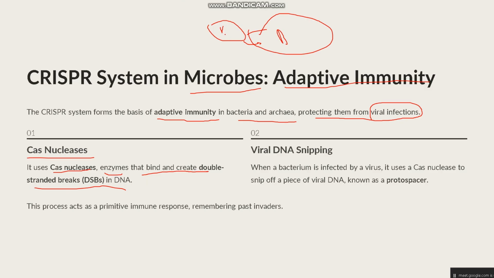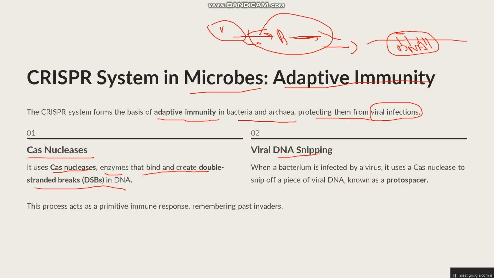The viral infection, the virus, injects its DNA into the bacteria. That is the bacteria, having the DNA of the virus. So the Cas nuclease binds that DNA and cuts it.